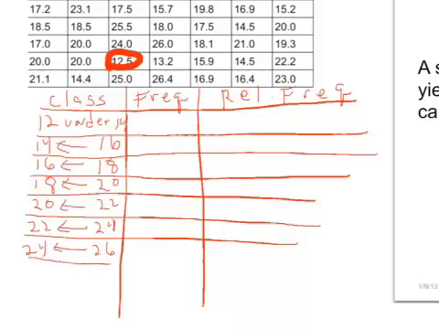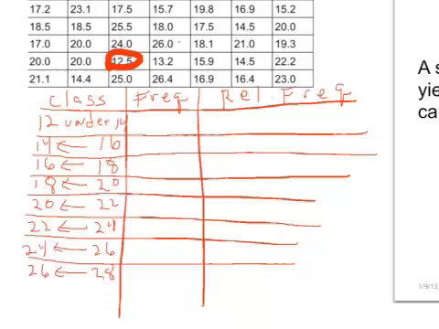And then finally 26 up to but not including 28. Where would our largest value be? It's in here somewhere. It looks like maybe 26 is our largest value. Okay, so that will get all the data covered from the smallest to the largest.